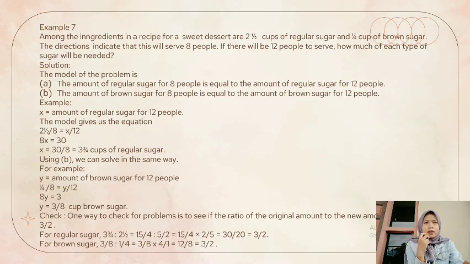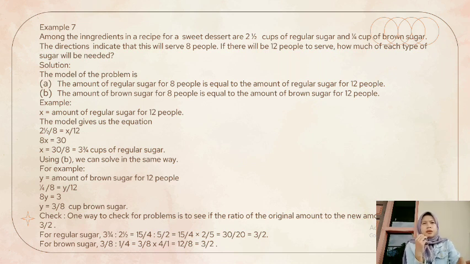Example 7. Among the ingredients in a recipe for a sweet dessert are 1/2 cup of regular sugar and 1/4 cup of brown sugar. The directions indicate that this will serve 8 people. If there will be 12 people to serve, how much of each type of sugar will be needed?